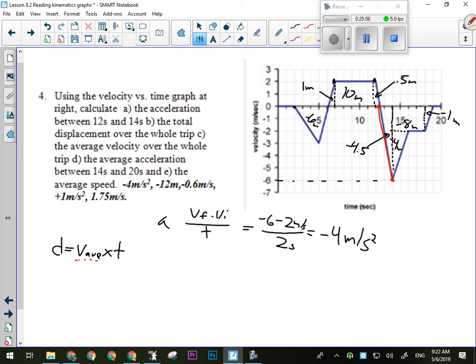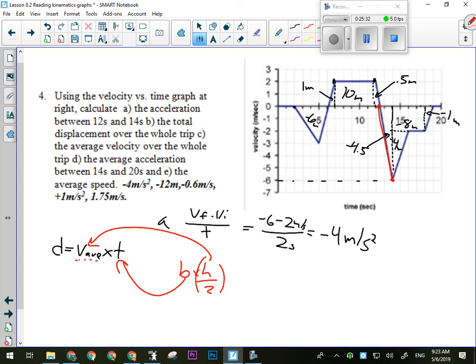That's why when we calculate the area, we go base times height over 2. The height over 2 is calculating the average velocity. The base is the time. So when we calculate the area under the line, we're essentially taking average velocity times time.